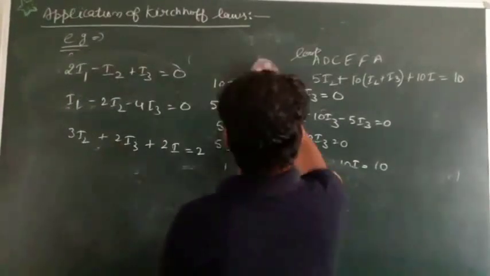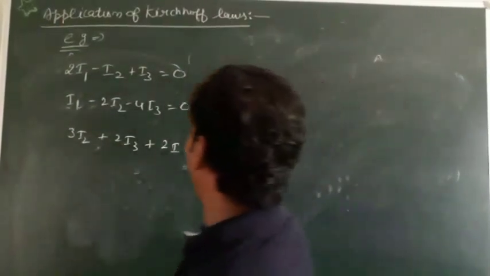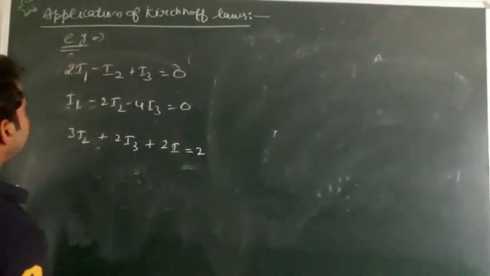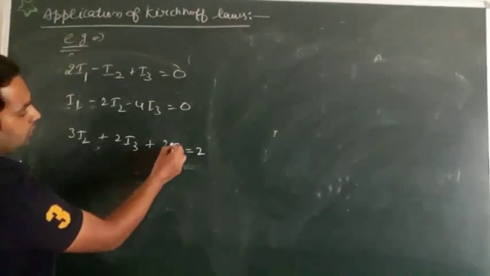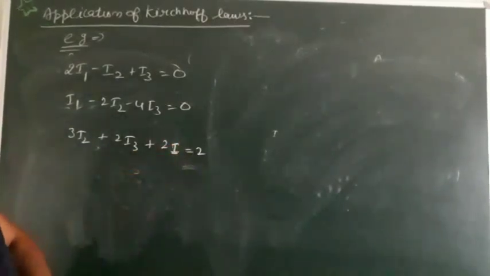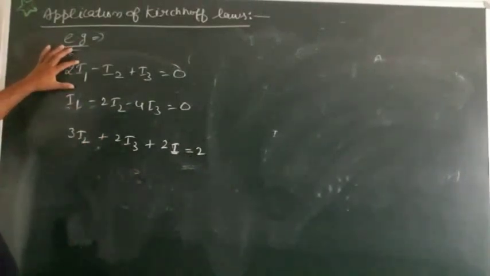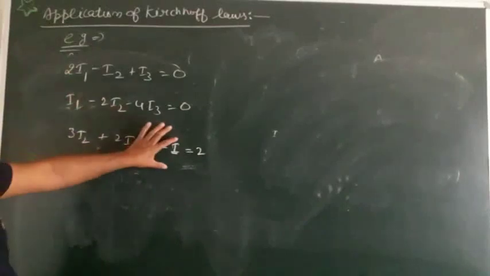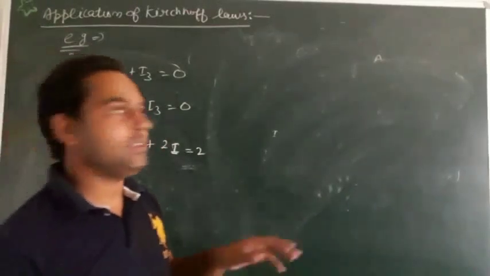Now we will solve these three equations. How will we solve them? We see that in this equation I2 and I3 are there, and this is 2I equal to 2, and in these equations there is I. Now we have to solve these equations and find the values of I1, I2 and I3.